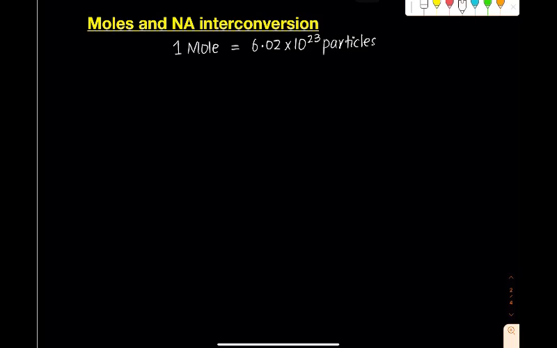It's like this. If I have 10 of the apples, it will be some ratio of the dozen. It shouldn't be 1 dozen. It should be less than dozen. In the same way, if I have particles which are less than or greater than this constant number, then it should be some greater number of moles or lesser number of moles. Let's find out how.